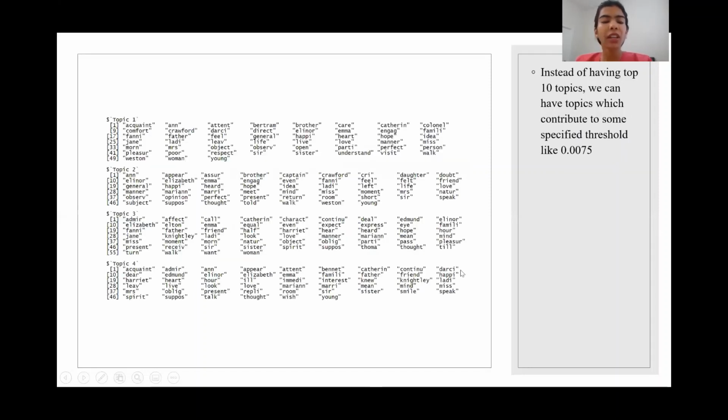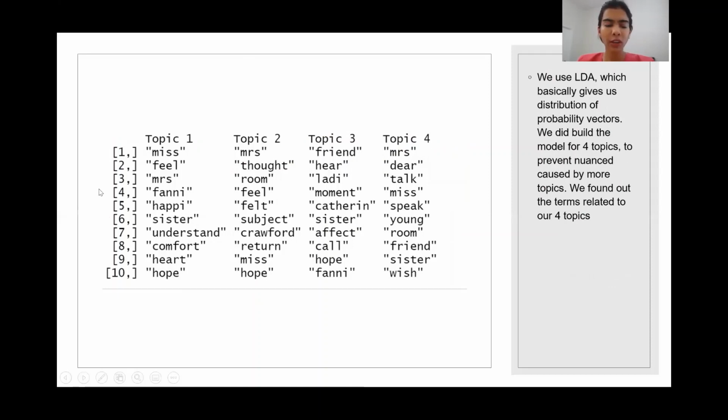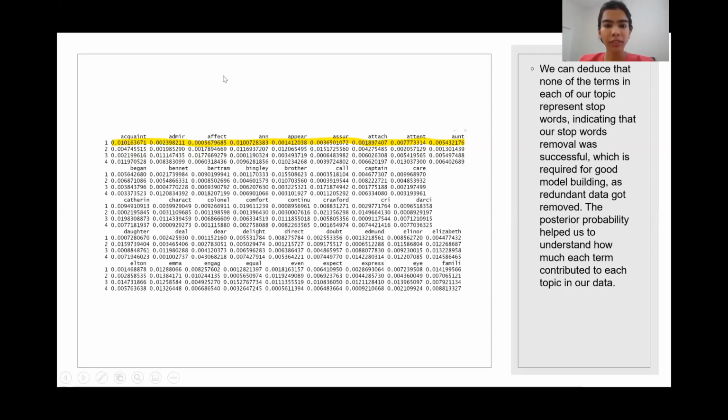After that, as I mentioned earlier, we used the top 10 words to understand which words are actually related to the topic. It is not mandatory that we use the top 10 words or the top 20 words. Another way is, based on these values, we can set a particular threshold value that lets us know which terms beyond this threshold are related to our topic.